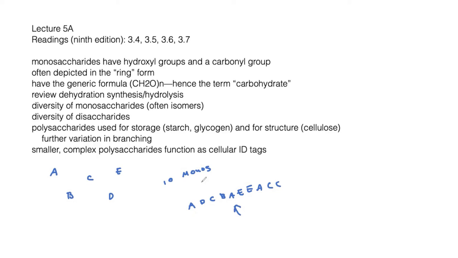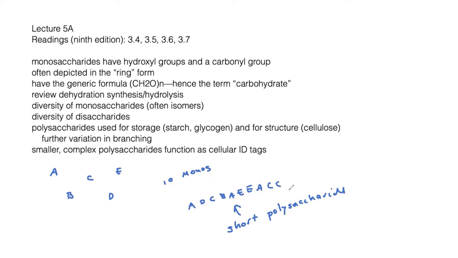And if each one is going to have a different identity, right? This short polysaccharide, this specific sequence of A, D, C, B, A, E, E, A, A, C, or ACC could be used as a cellular identification tag. And in fact, this is actually one of the ways in which polysaccharides are used.